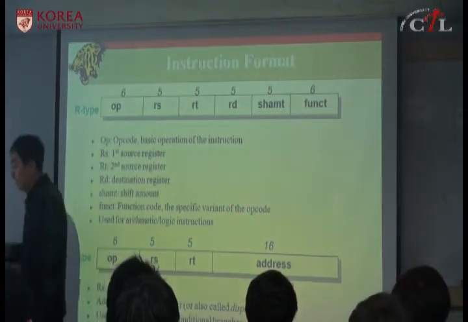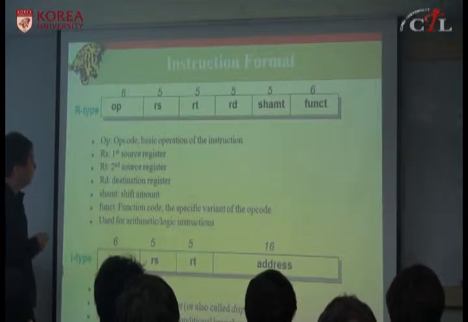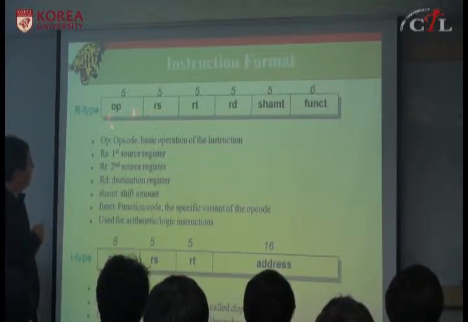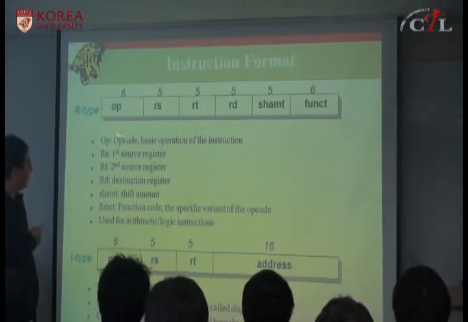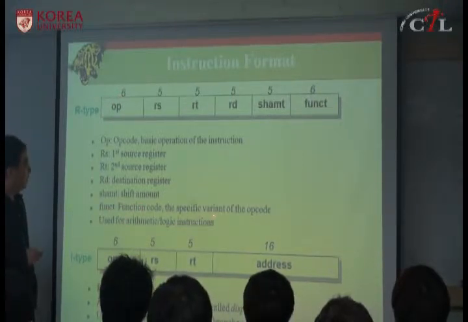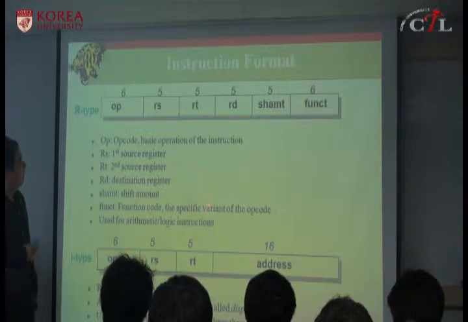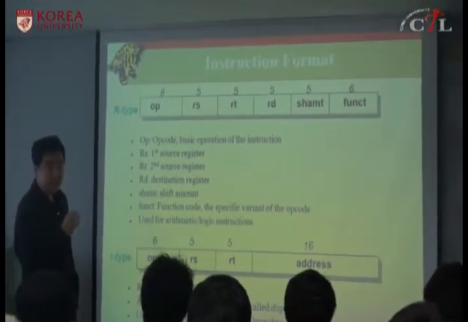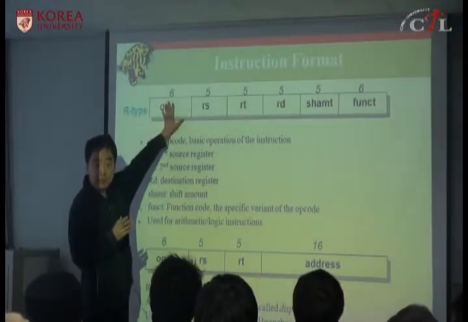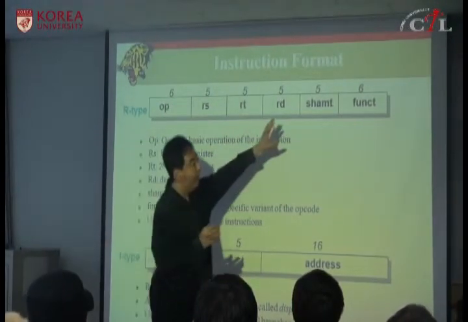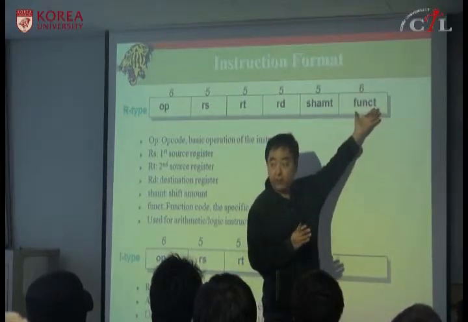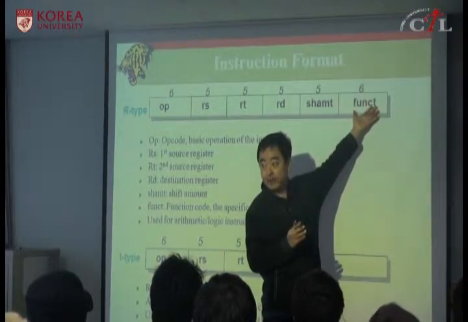Actually, for R-type, what they do is, this is the basic opcode, and the function field specifies the specific operation. I don't remember exactly right now, but for arithmetic and logic operations, the opcode should be all zeros. And actually add, subtract, multiply are specified from the function field. Okay?